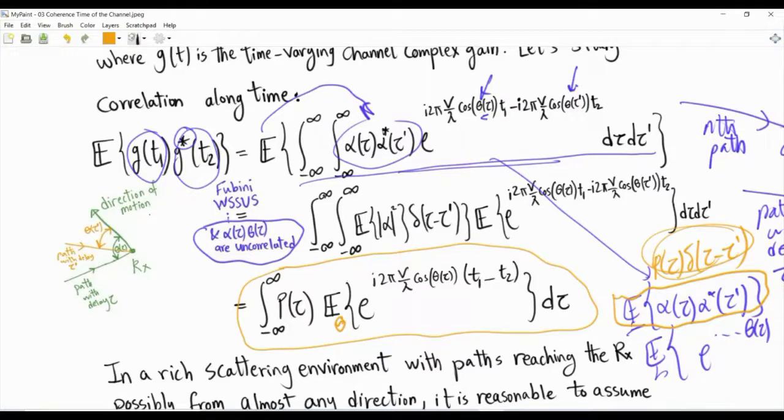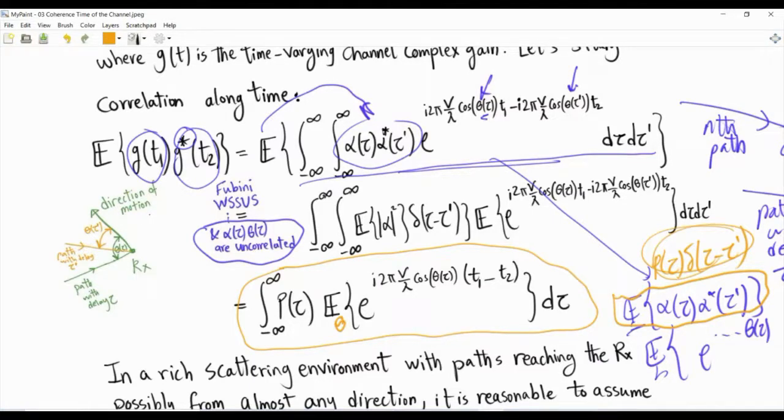In a rich scattering environment, so very rich, basically every terminal is surrounded by scatterers from all directions. In such an environment, it is reasonable to assume that you will get your received signal from all directions, so that each path can reach you from any direction.